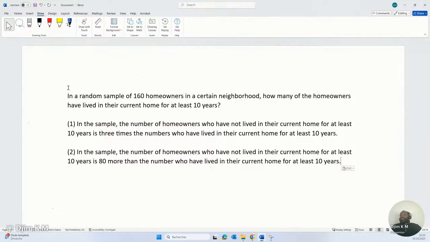In a random sample of 160 homeowners in a certain neighborhood, how many of the homeowners have lived in their current home for at least 10 years?